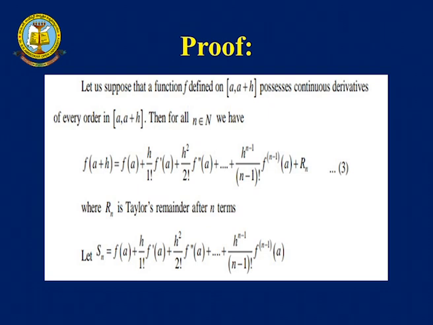Here what is Rn? Previously we learned the remainder, where Rn is called the Taylor's remainder after n terms. So after the n terms we get what is called the remainder.